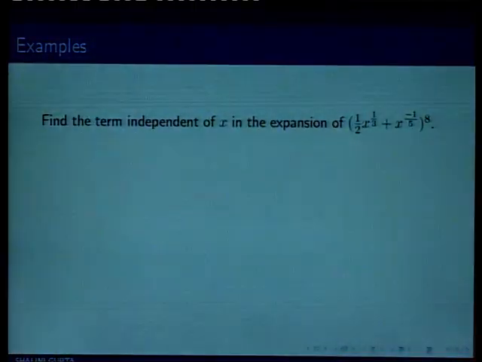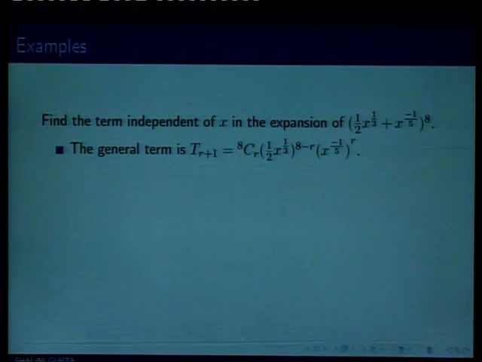So thus what we have done, let us recall. We have written the general term of this expansion, which will be 8Cr (1/2 x^(1/3))^(8−r) into (x^(−1/5))^r.